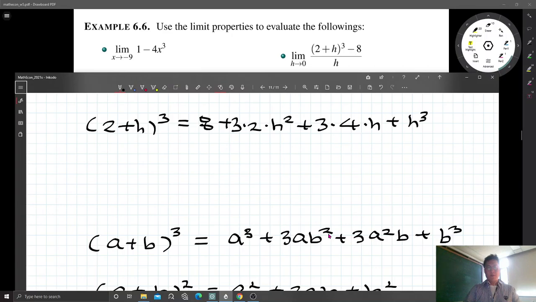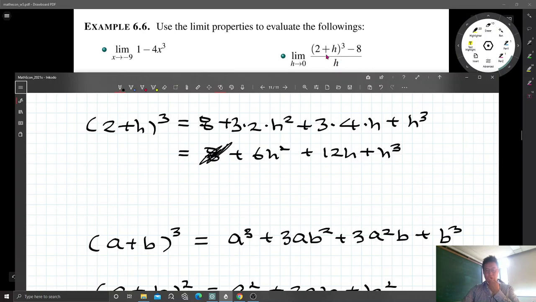So 8 plus 12h plus 6h squared plus h cubed. Okay, and we take away number 8, so this 8 goes away. So we are left with these h terms. And then we divide by h.